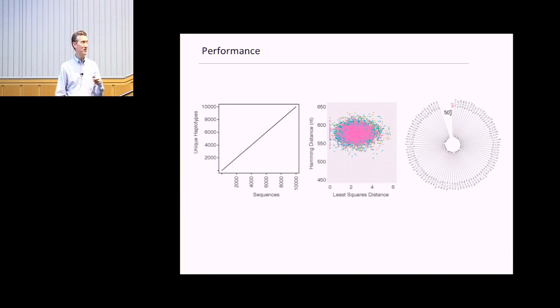They all differ from each other by about 500 bases. So it's not like there's a single ancestor that they're all similar to. They're all as different to each of the other ones, which is consistent with what I told you about synonymous sequence space being really large, and there's a lot of possible solutions to this problem.